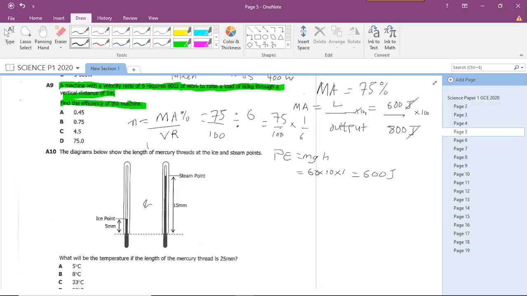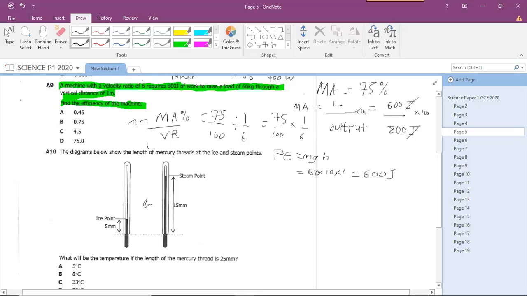I'm losing it here. The formula is mechanical advantage over velocity ratio multiplied by 100.